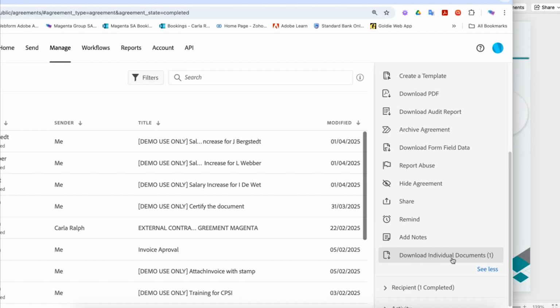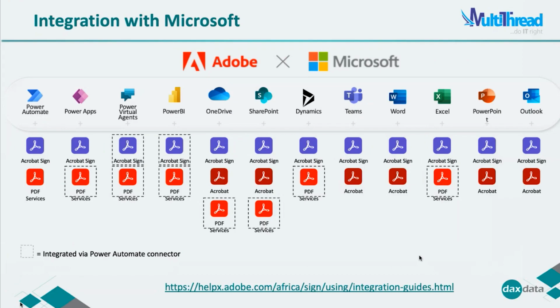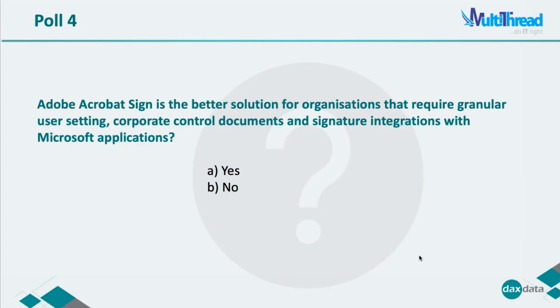So if I had 10 invoices, I can get the 10 invoices back. I can also, if somebody has filled in a form and I've got it linked up via REST, whatever information they fill out can go back to my system. Okay, and then let's just end off. I've done the demo. Okay, so then I'll just leave this poll for now due to time constraints.